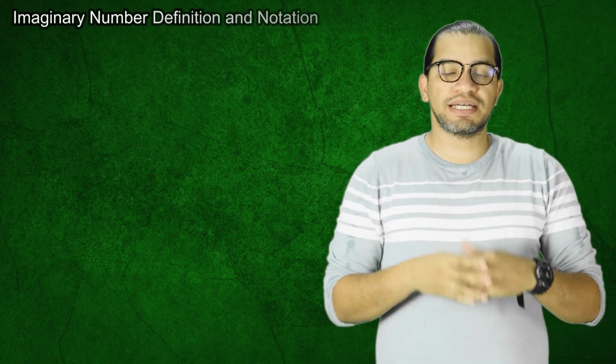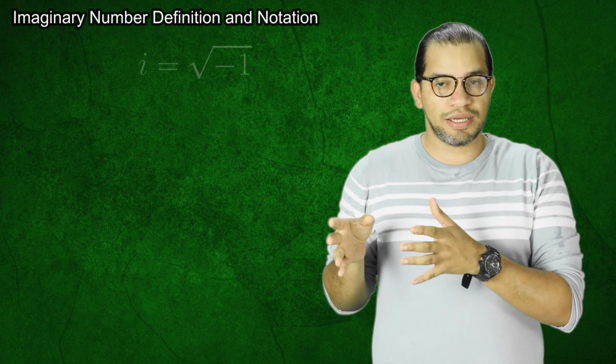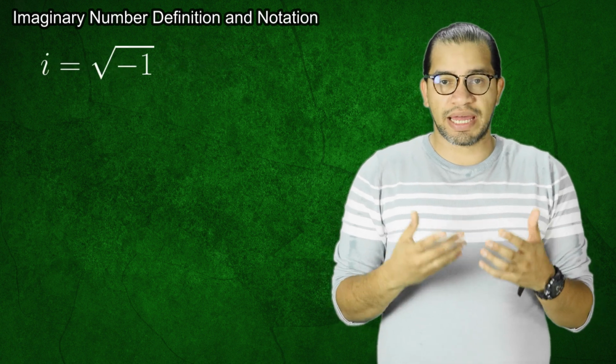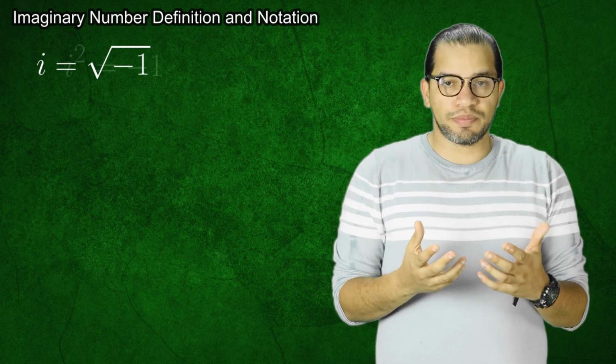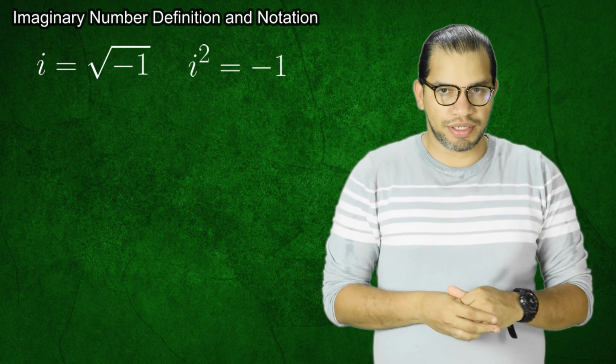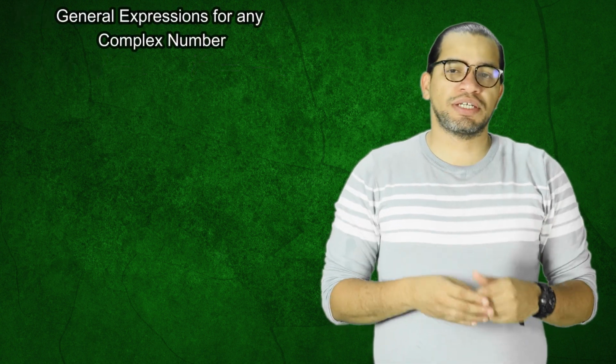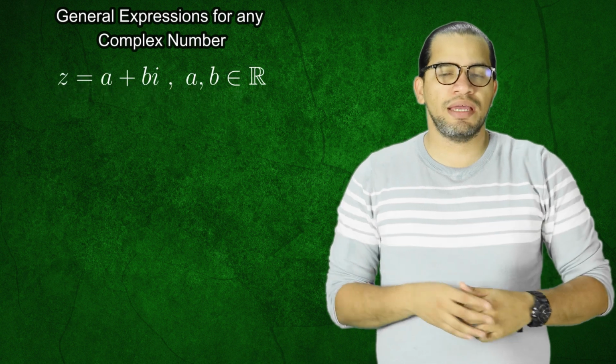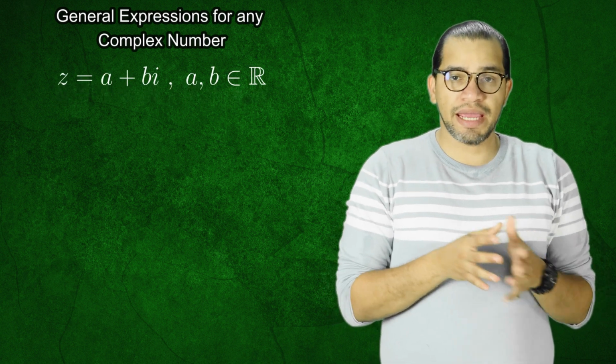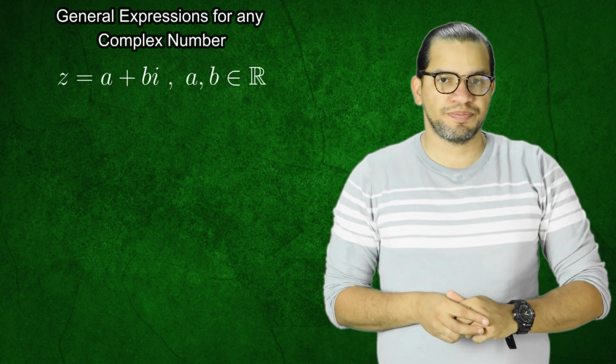To be more precise, we define the imaginary number i equals the square root of negative 1 as a number such that i squared is equal to negative 1. In general, a complex number is an expression z equals a plus bi, where a and b are real numbers.